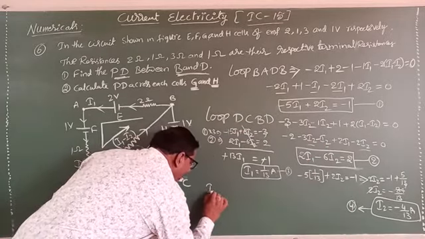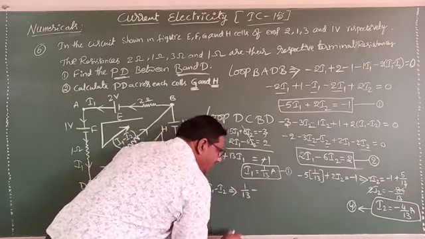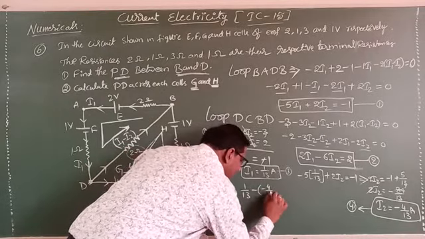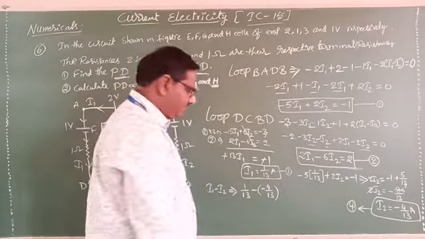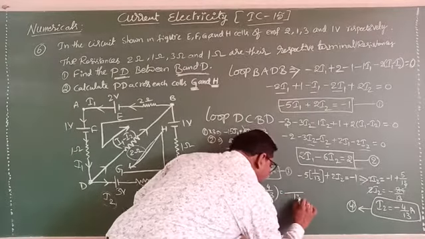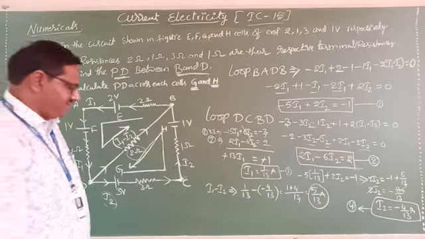I1 minus I2 is 1 by 13 minus of minus 4 by 13. So how much is it? 13 LCM, then 1 plus 4, it is 5 by 13 amps. This is the current in the 2 ohm resistor, across which we want to measure the potential difference.